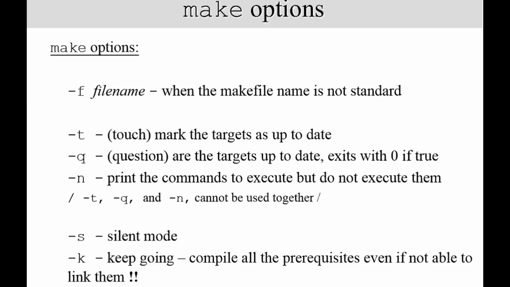And then -q is also known as question. Basically it checks whether the targets are up to date, and if it is true then it exits with a 0. And -n just prints the commands to execute, but doesn't really execute them.